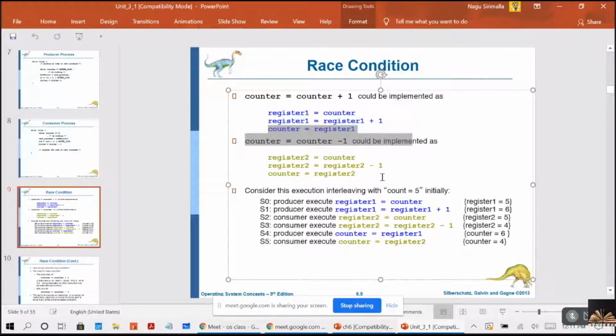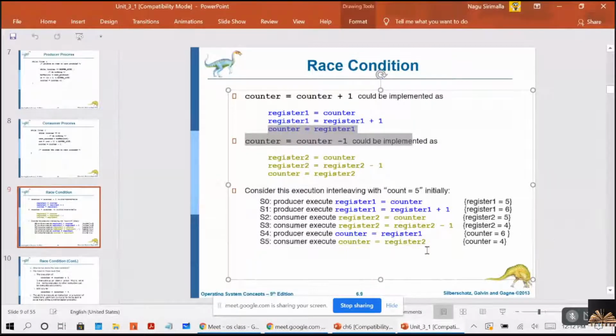Because of this concurrent execution, we have arrived at an incorrect state. The counter is equal to 4 indicates that 4 buffer locations are full, but actually 5 buffer locations are full. Why?